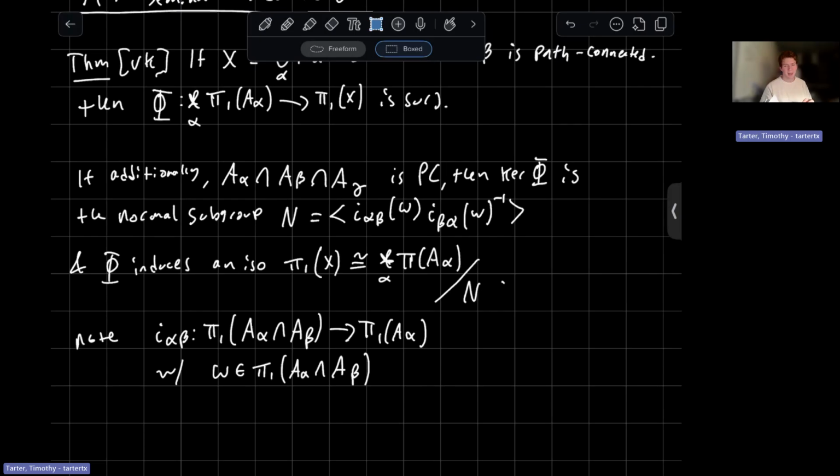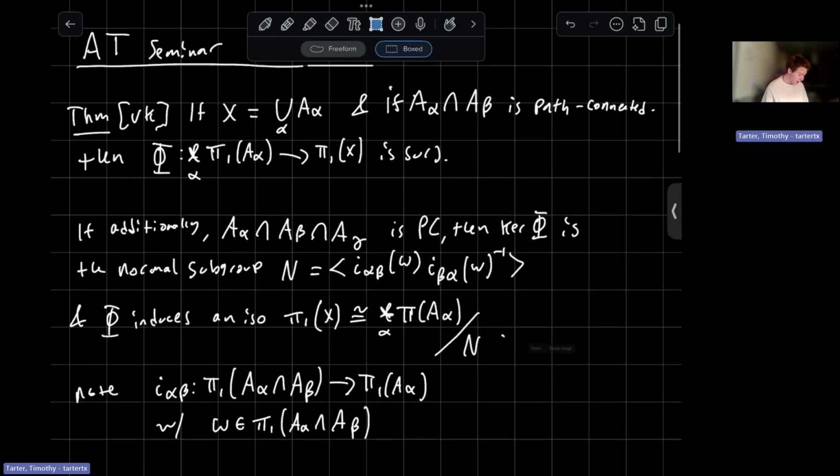We're getting as far as we can, picking up where we left off with examples of Van Kampen's theorem, and then we might start to talk about covering spaces. Yeah, let's get into it.